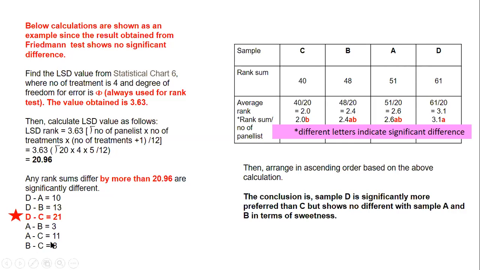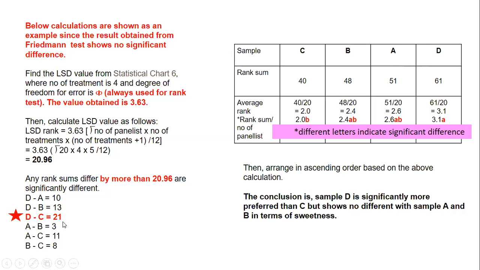After calculating, almost all show a value smaller than the calculated least significant difference, much lower than LSD. So almost all show no significant difference.